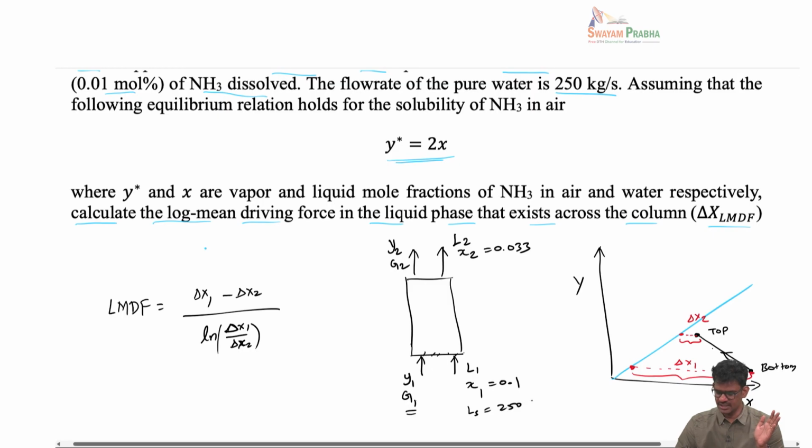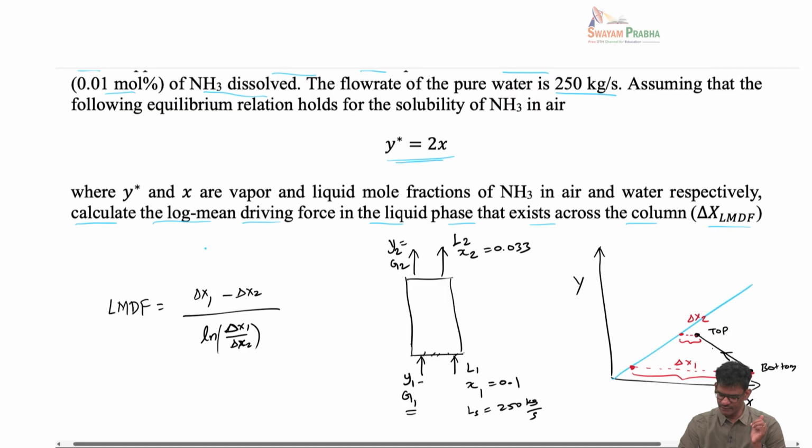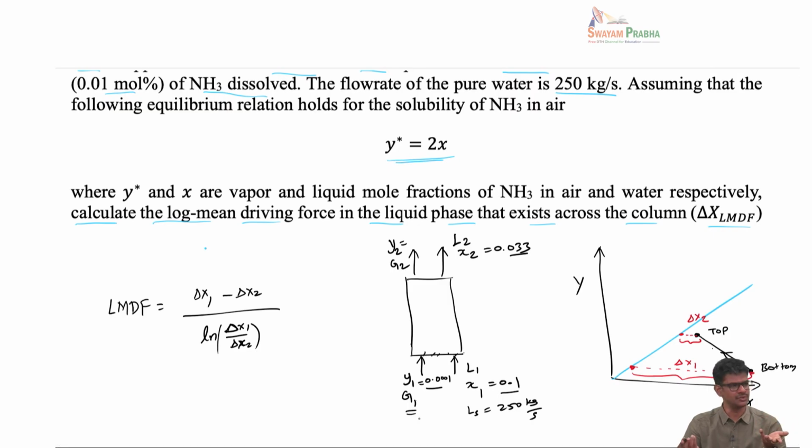The flow rate of pure water, Ls, is also given, that is 250 kilograms per second, and the equilibrium line is also given. So all the information that you need is given so that you can easily calculate x1, and you can calculate the y2 values. Y1 value is also given, I think it's 0.0001. So Y1 is given, X1 is given, X2 is given, Y2 we have to find out. To find Y2, Ls and Gs are also given.